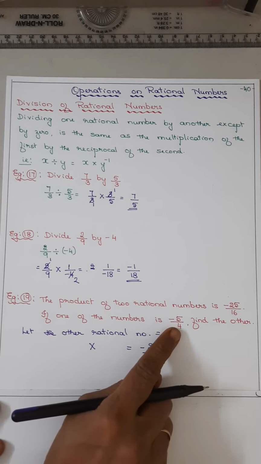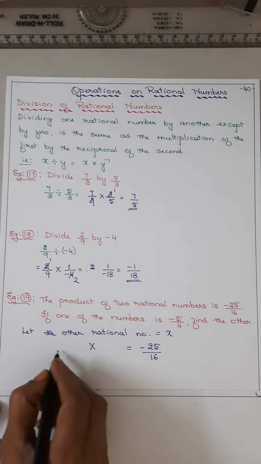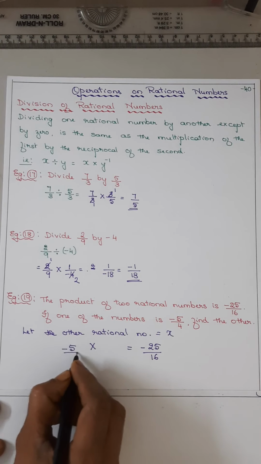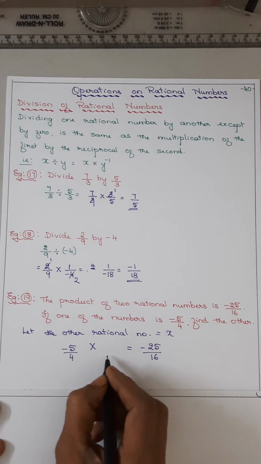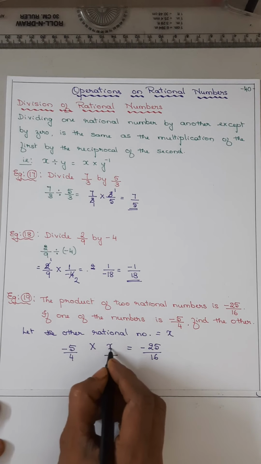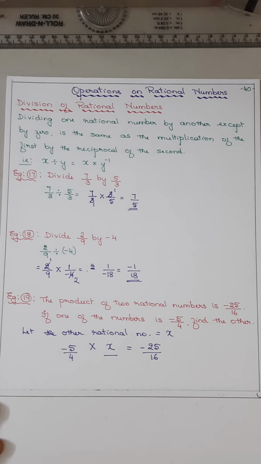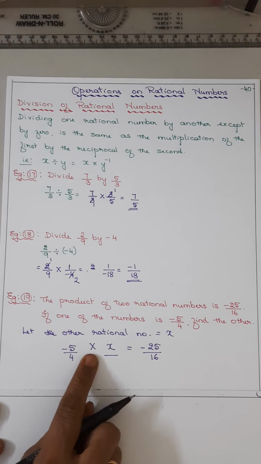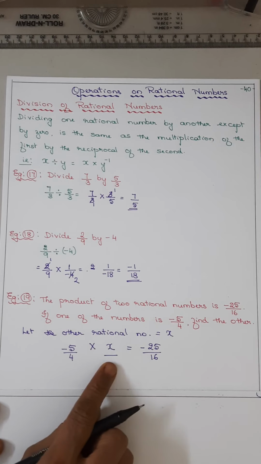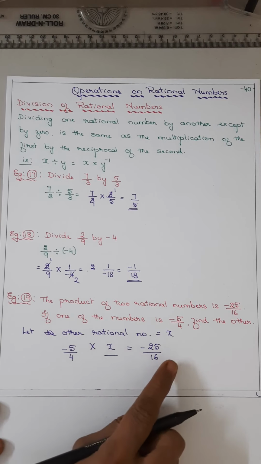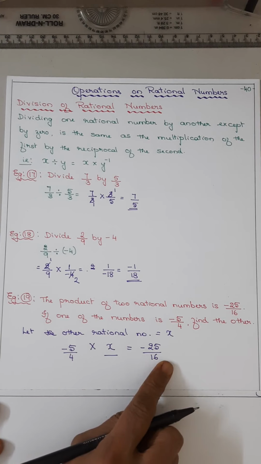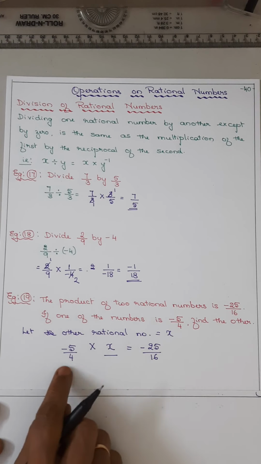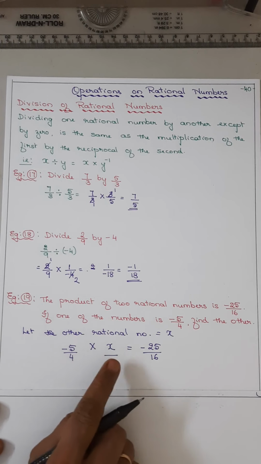If one of the numbers is -5 by 4, what is the other?